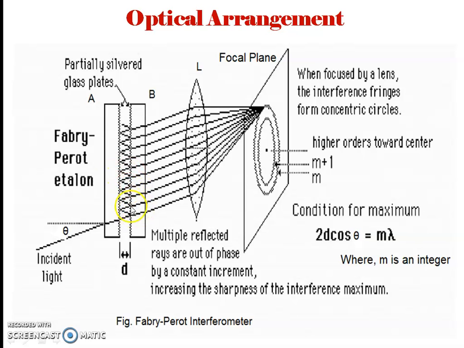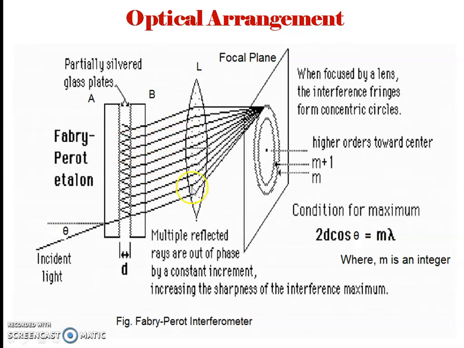The outer faces of these plates are also parallel to each other but inclined to their respective inner surfaces to avoid interference effects due to multiple reflection and refraction. So this is how the Fabry Perot interferometer is arranged.